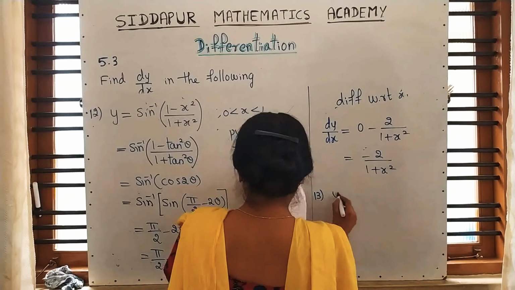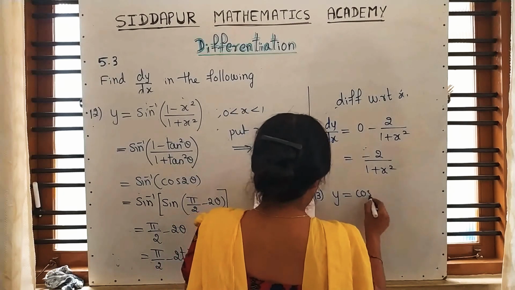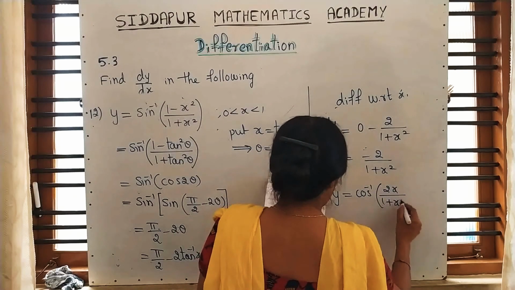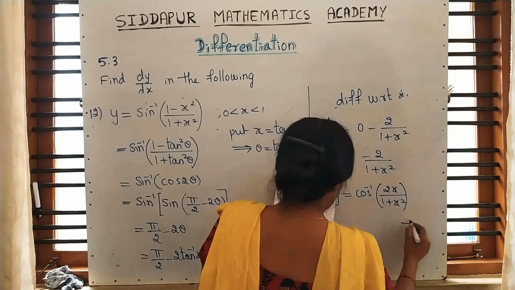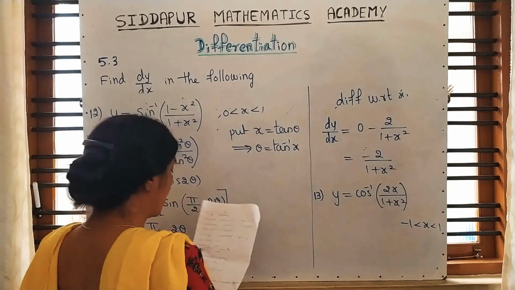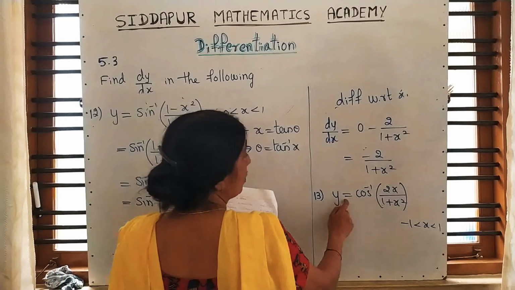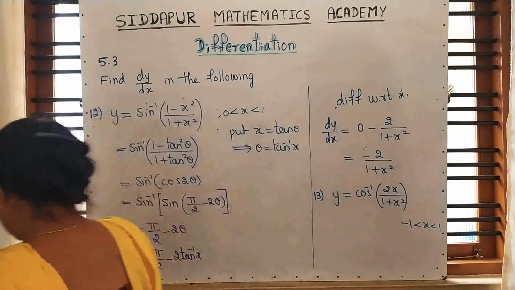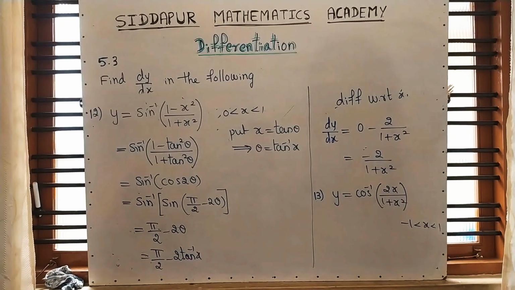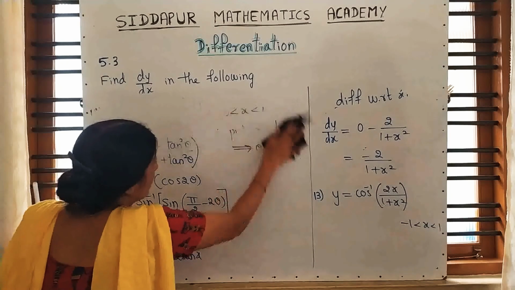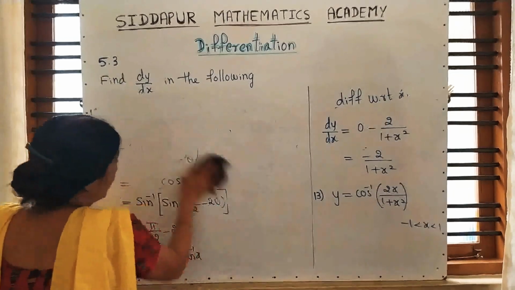Question number 13. Y is equal to cos inverse of 2x upon (1 plus x square). See, by seeing this bracket, can you have any idea what will be the substitution? It is exactly similar to question number 9. In question number 9, we have the same bracket, but the outside term is different.